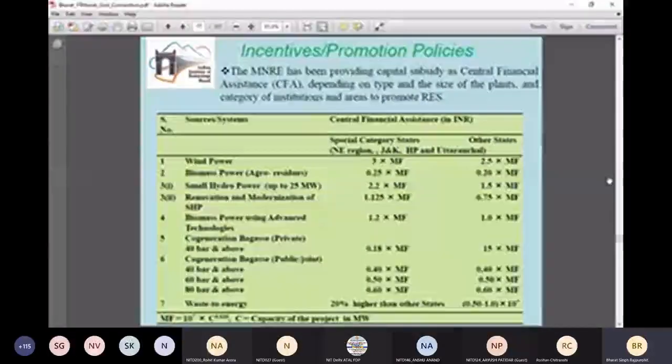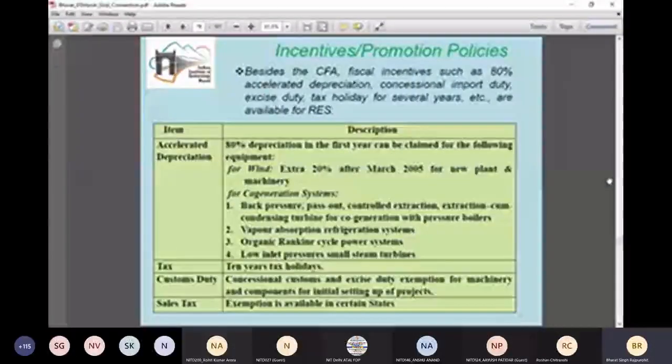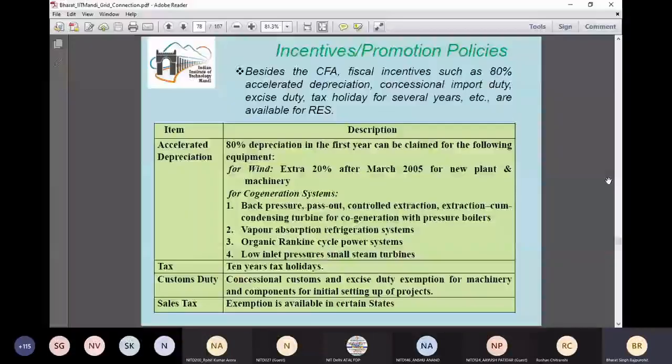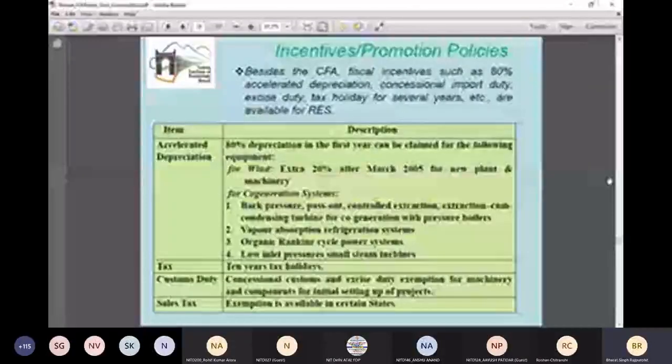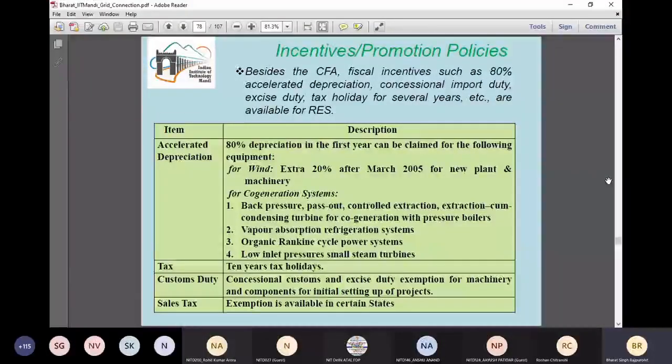Next slide, please. The major financial assistance was provided in terms of accelerated depreciation, as well as the tax exemption of the tax duties on the many parts of the systems being imported from the outside.